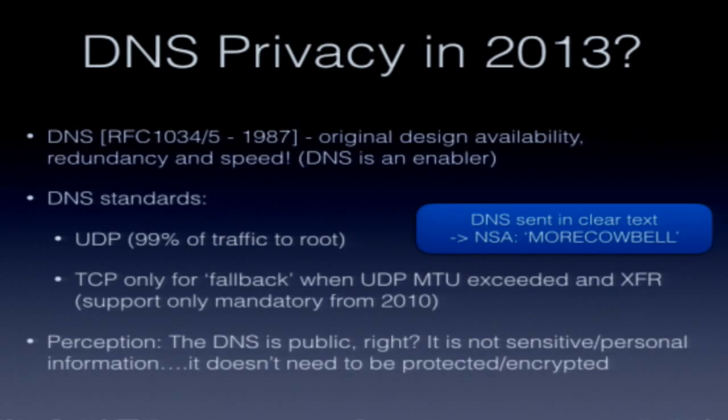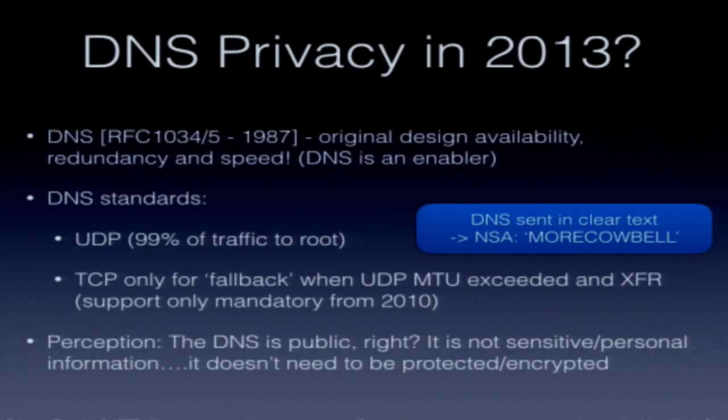So to move on to see where this intersected with DNS. If you think back in time a little bit, first of all, I'd like to time travel you back to 1987. So pick your DeLorean, your TARDIS, your phone booth, time machine of choice, and go back to 1987.